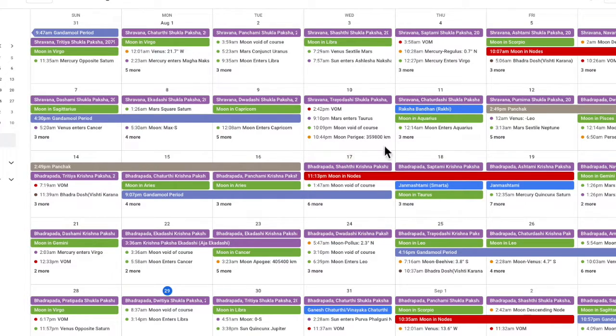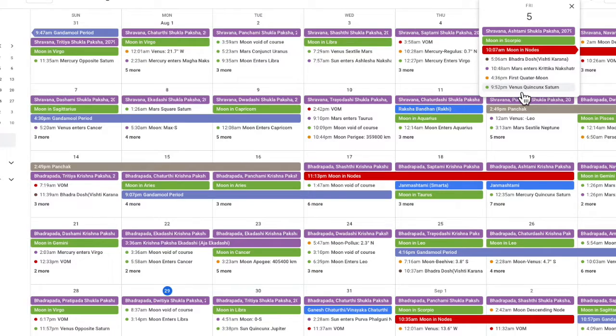This calendar has inputs from various sources, and it is of interest to a lot of people who do financial astrology. It gives you the ingresses of various planets. It also gives you the nakshatras in which planets are entering, and doshas such as Bhadra dosh. We know many traders who deal with such Bhadra doshas.